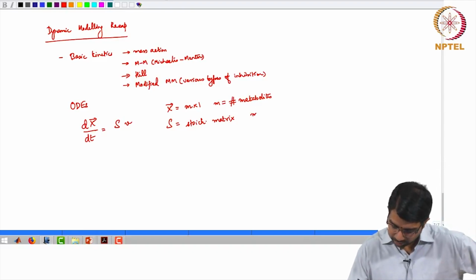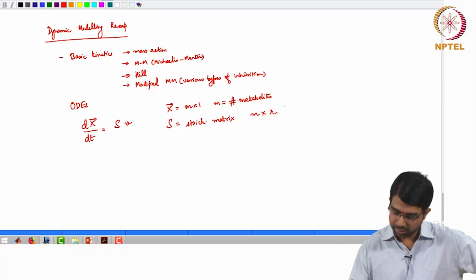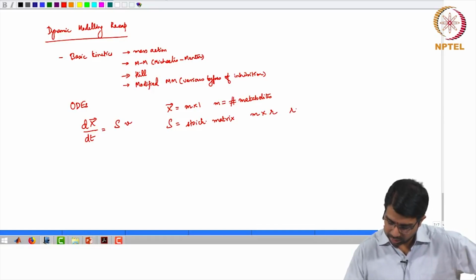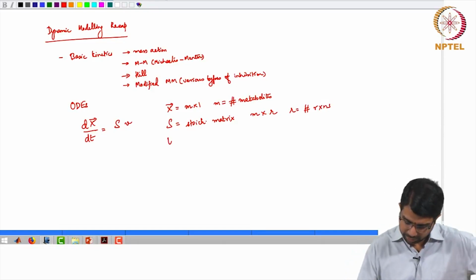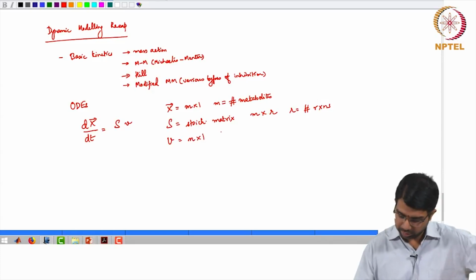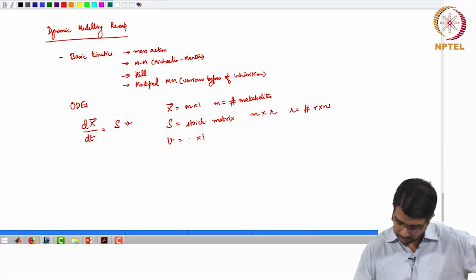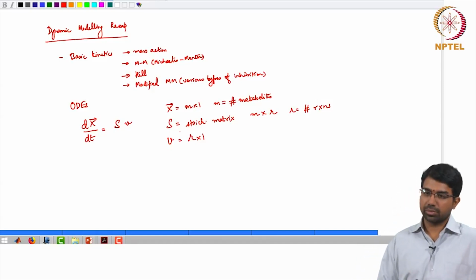So, this is an m cross n, or let us say R, matrix where R equals number of reactions, and V is obviously going to be an n cross 1 vector, or R cross 1 vector.